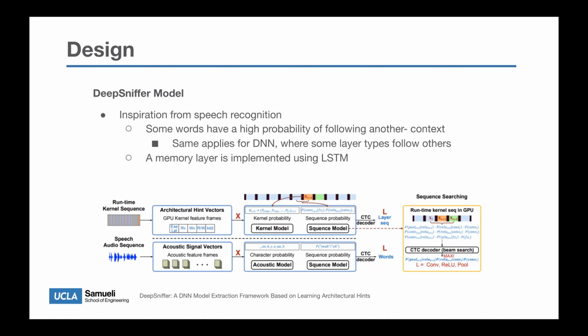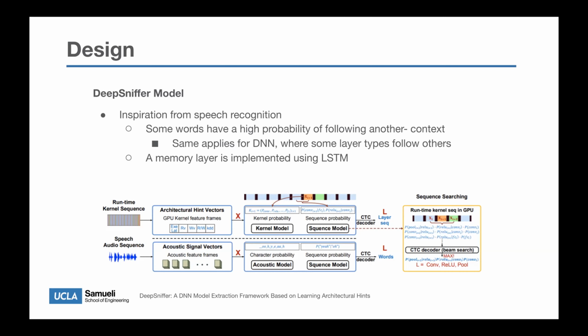In the picture here, you can see how their model works compared to, say, speech recognition. First you get the runtime sequences. This is more of a scheduler: they extract how the model is being scheduled to execute. Then they extract these architectural hints, which are retrieved from side-channel attacks, for example bus snooping and EM attacks.